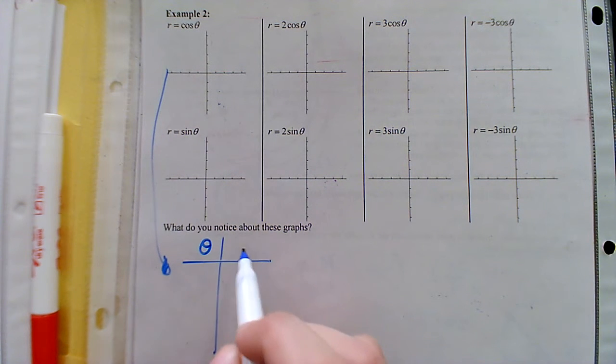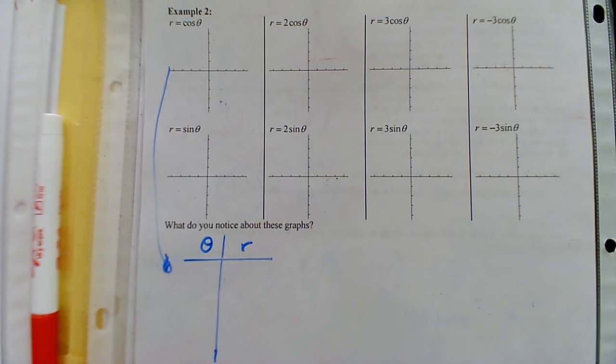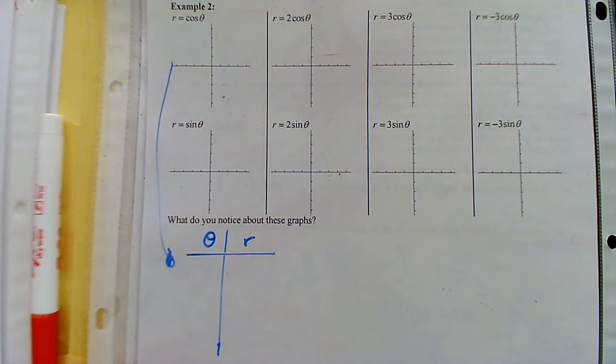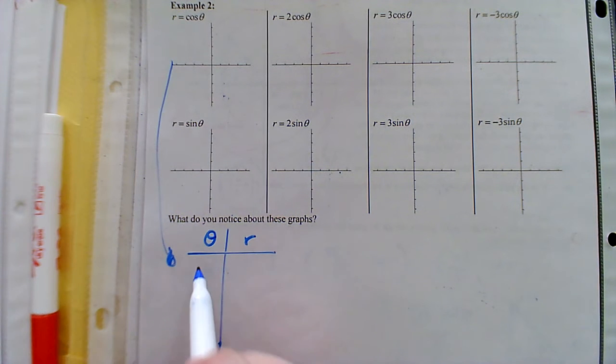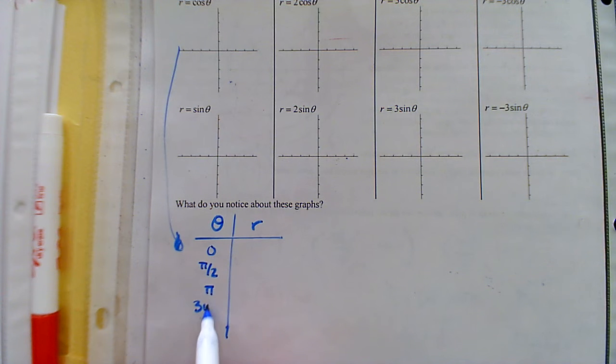We'll do a theta and then the radius. We're going to use some easy theta values or radian values from the unit circle. We'll do 0, pi over 2, pi, 3 pi over 2, and then 2 pi. If we plug 0 into cosine, cosine of 0 would be 1.